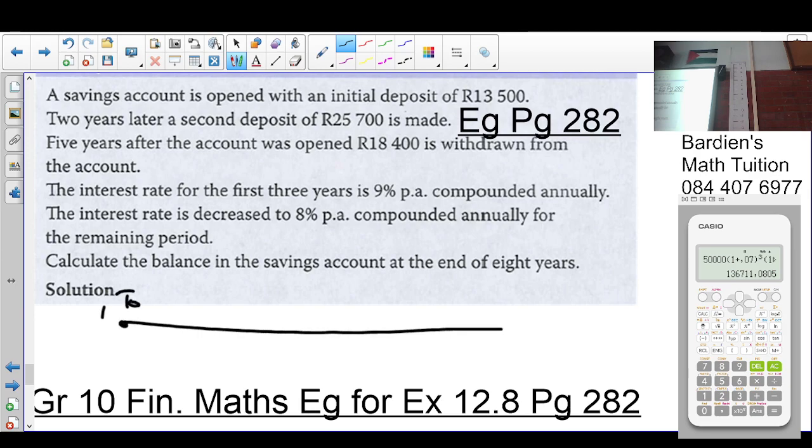Made with an initial deposit of 13,500. 2 years later, a second deposit of 25,700 rand is made. So that takes you to where? T2. A deposit, so I indicate that with a plus 25,700 rand.